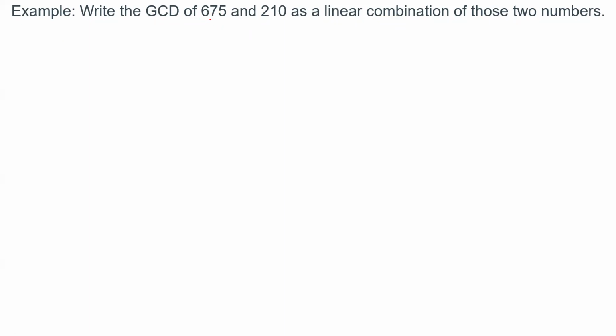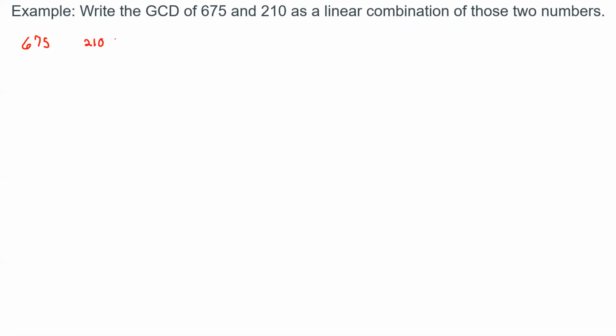We want to be able to take these two numbers, 675 and 210, and write the GCD of them as a linear combination of those two numbers. And we're going to have to find the GCD first, right? So that's where we start with the Euclidean algorithm, where we start with the largest number here, 675 and then 210.